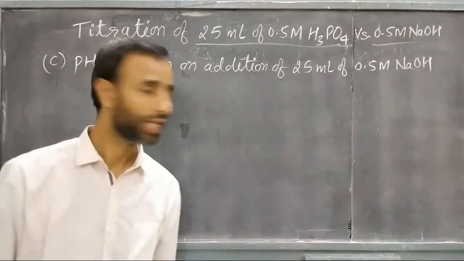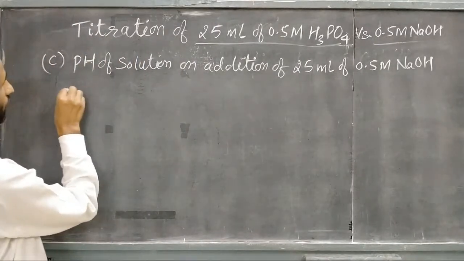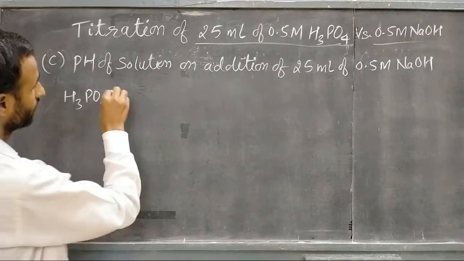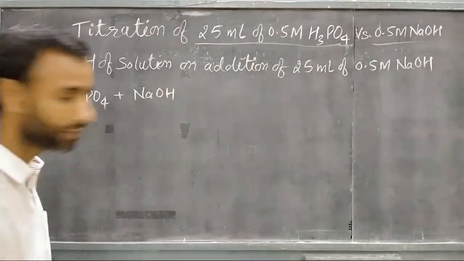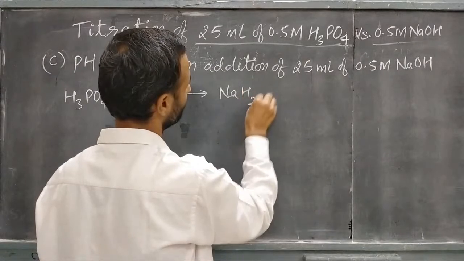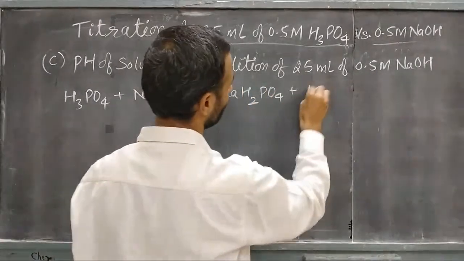Okay. Now, again we have phosphoric acid and sodium hydroxide giving NaH2PO4 and water.